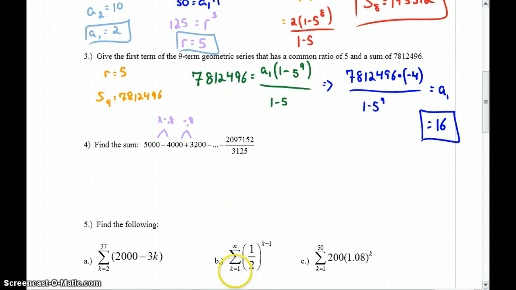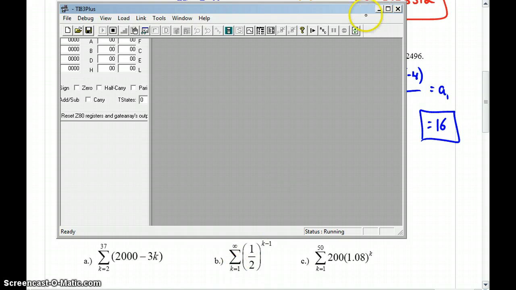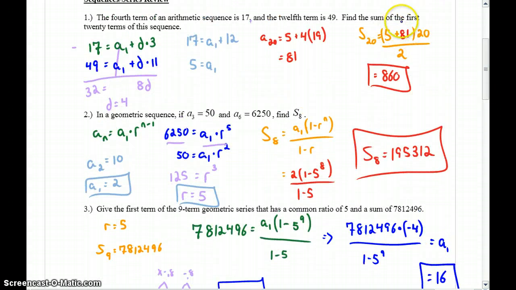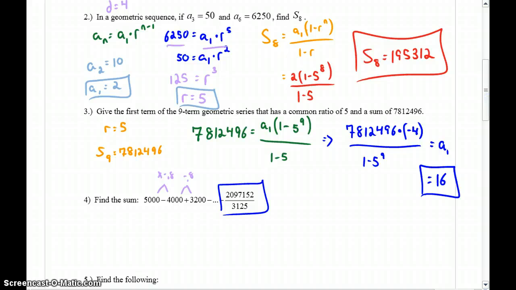Now, the key here is I need to know what term this is. Or do I even need to know the number of terms? No, I don't. I need the number of terms for the arithmetic one, or the n over here. But for the geometric, all I need is the first term right here, the common ratio, and that's what I have.